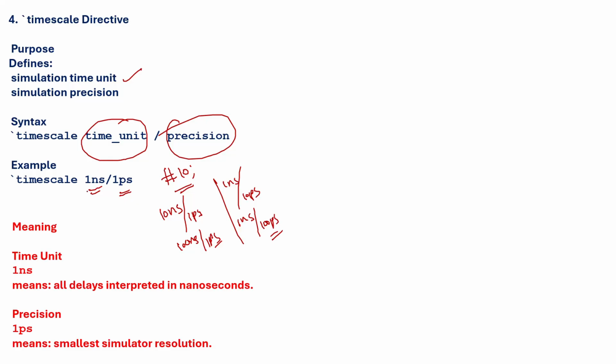See, this time unit means all delays are interpreted in nanoseconds. And picosecond is the smallest simulator resolution; that is the precision value. Clear? Any doubt up to now?